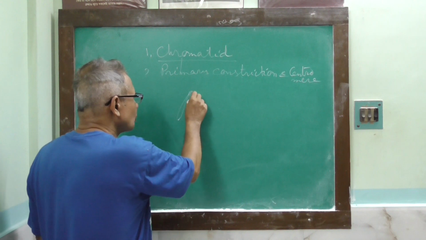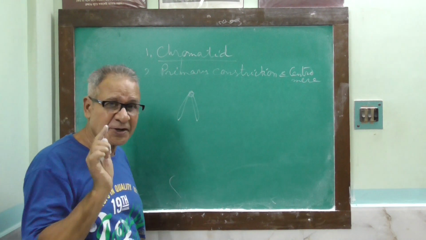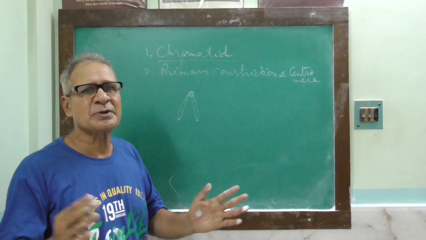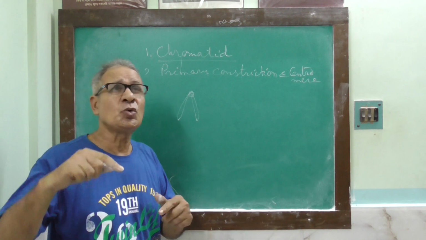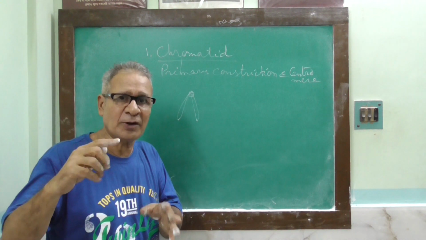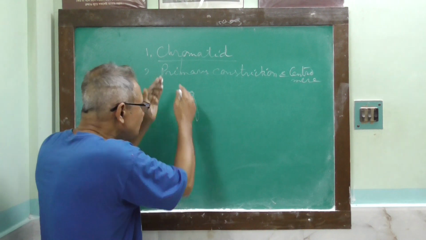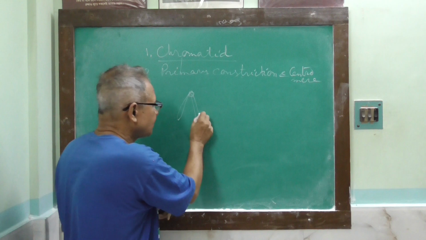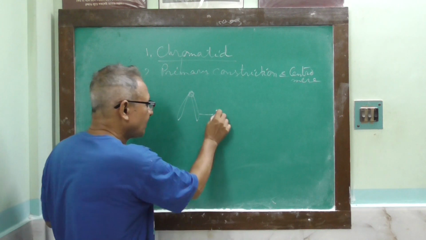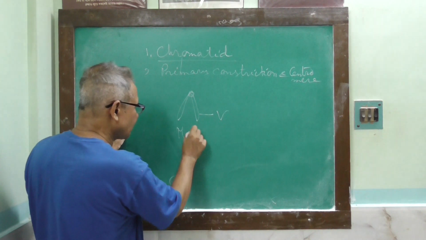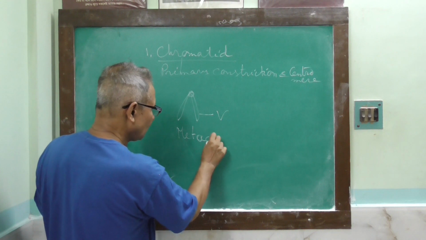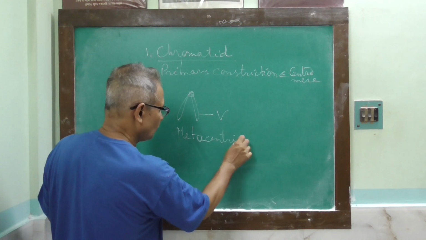If the centromere is present at the center of the chromosome, the two arms become equal, and during anaphase movement of cell division, these two arms hang and appear as a V. It is known as a metacentric chromosome.